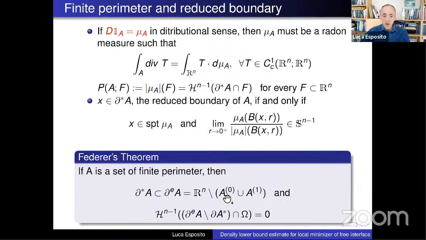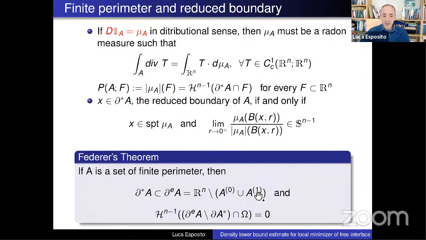So here A0 and A1 denote the points with density zero of A and density 1. The complement of the union of A0 and A1 is the essential boundary.